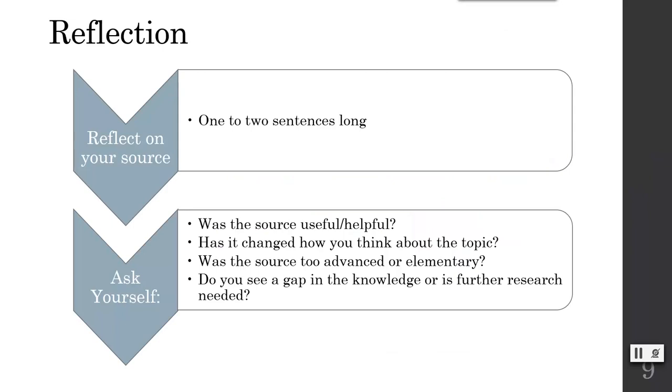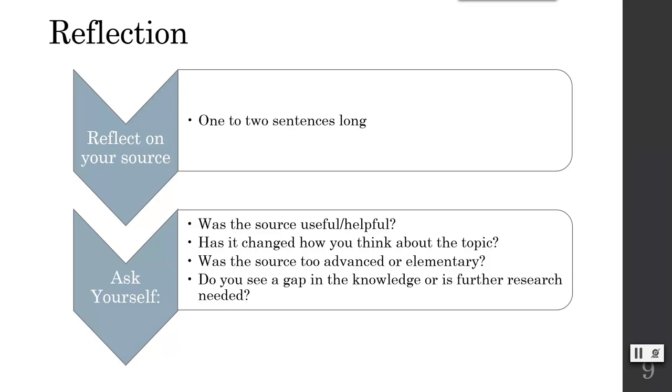The reflection is 1 to 2 sentences long. It's your opportunity to bring your voice in, your opportunity to say, is this source helpful? Is it going to help you explain and answer your research question? Has it changed how you think about the topic?